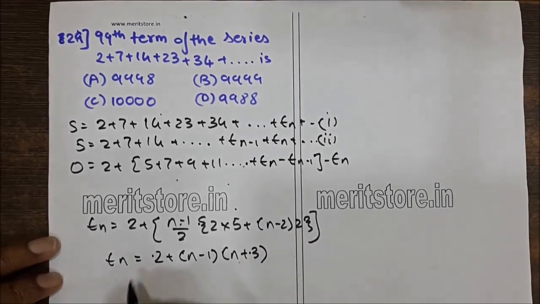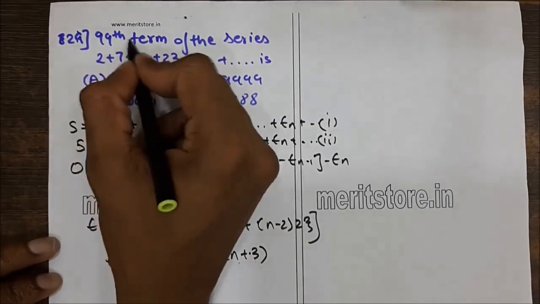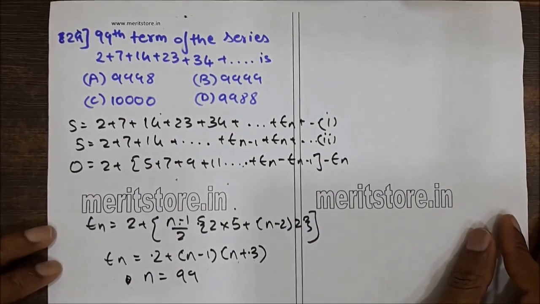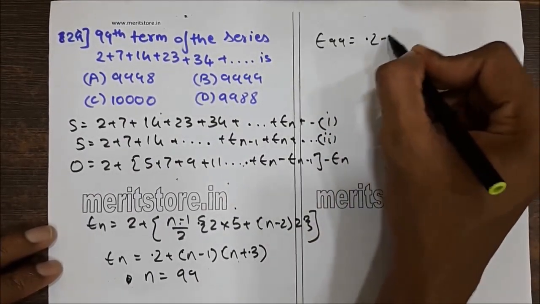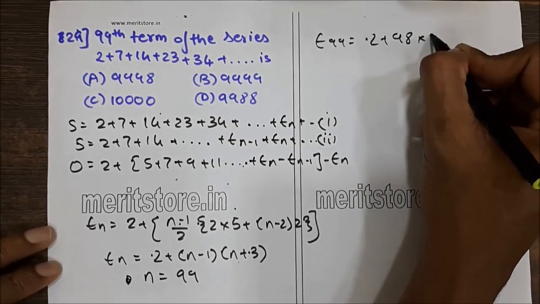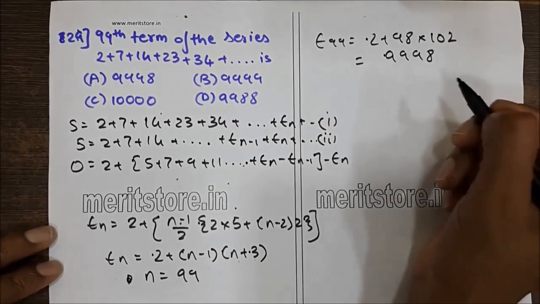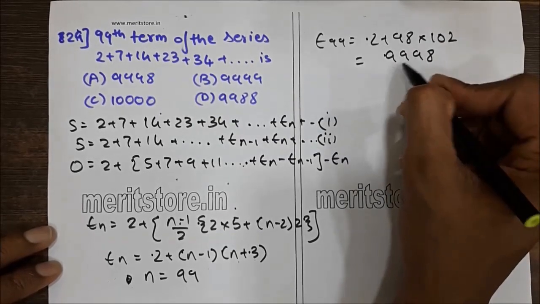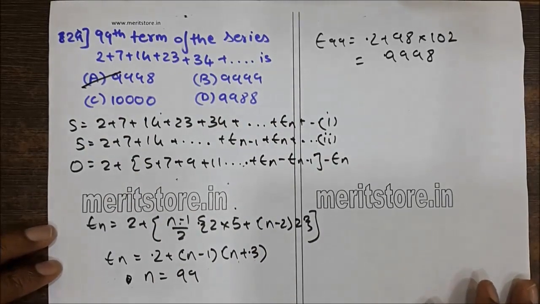We put n is equal to 99, which we need to find, that is the 99th term. So we get T of 99 equal to 2 plus 98 into 102, which is equal to 9998. When we multiply, we get 9998. So which is our option A. Therefore, option A is the correct answer.